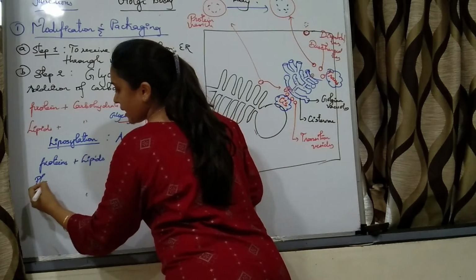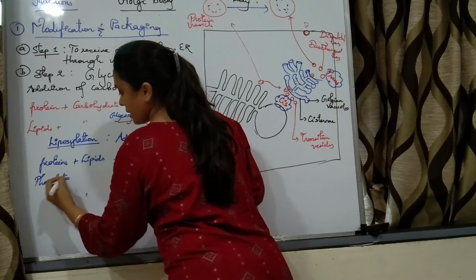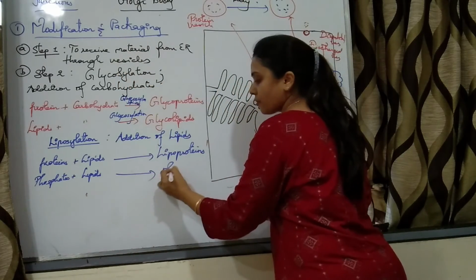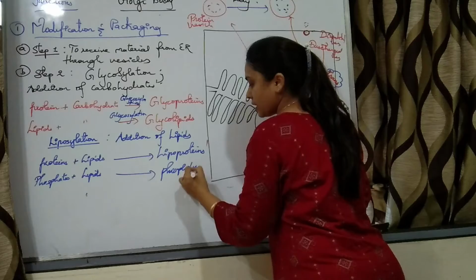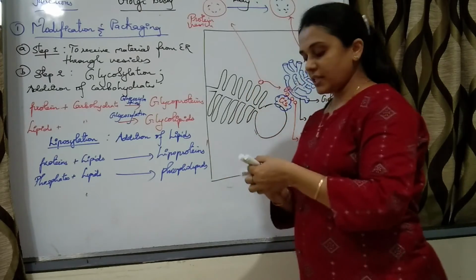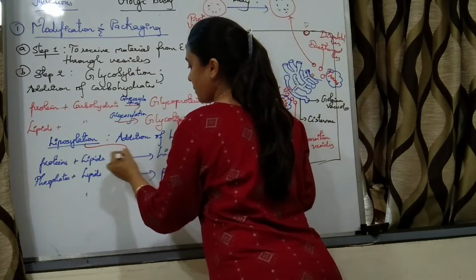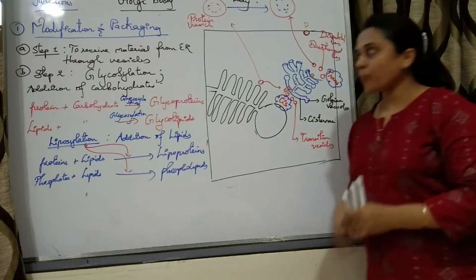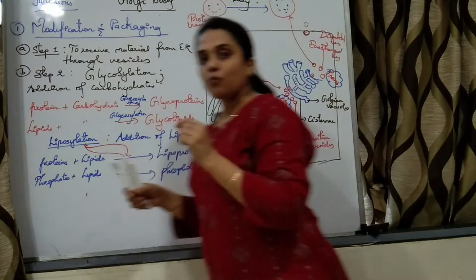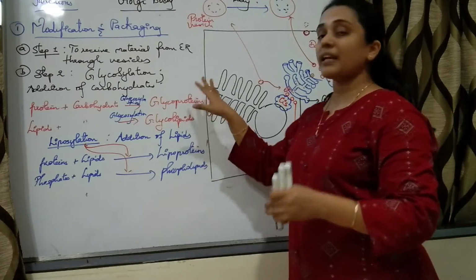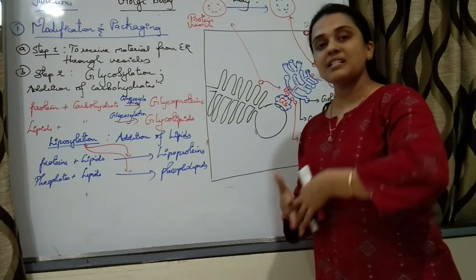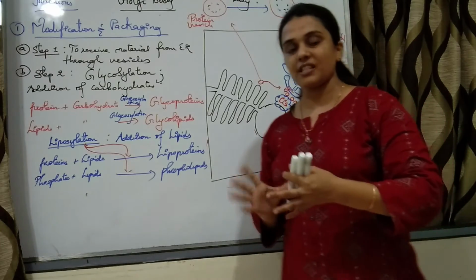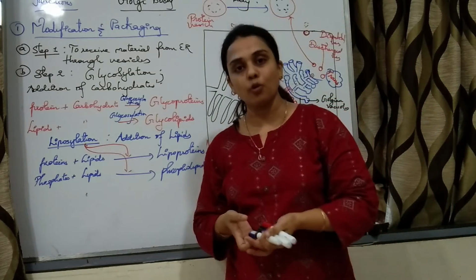If phosphates are there and lipids are added, what are we going to get? Phospholipids. That process is also a function of the Golgi body. So finally, what is the Golgi body making? It is making glycoproteins, glycolipids, lipoproteins, phospholipids, all these modified structures. It is making enzymes, it is making hormones, right?